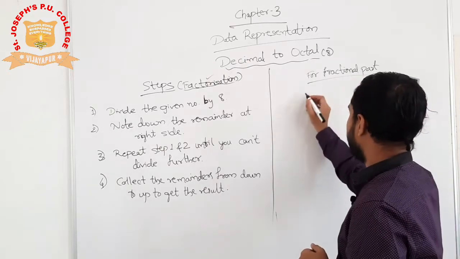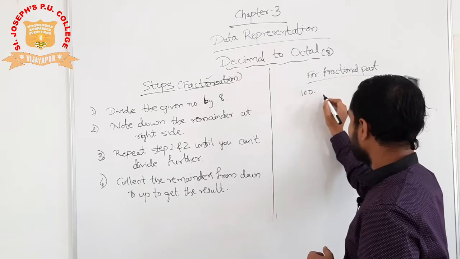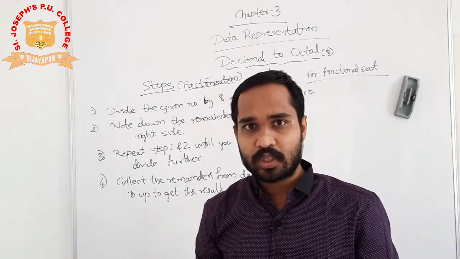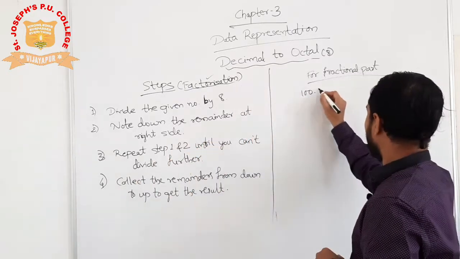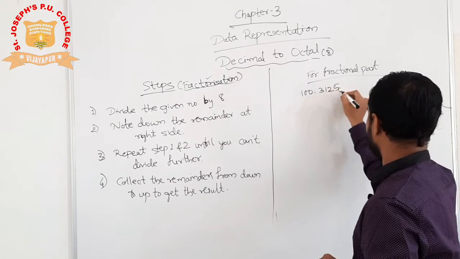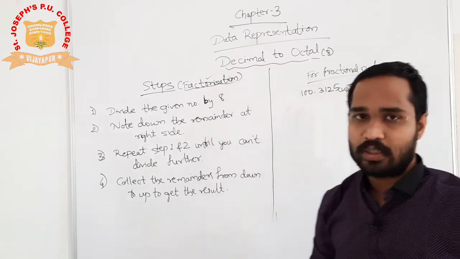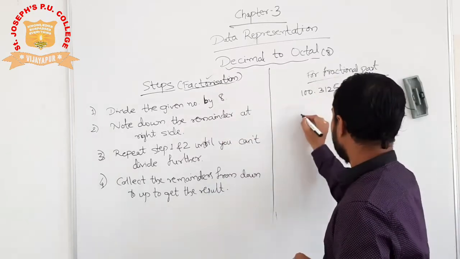Okay. For example, say a number 100.3125 is given in decimal. This I have to convert into octal. 100 is the number that you have to first convert to octal. By what method? By factorization method. 100 you can do.